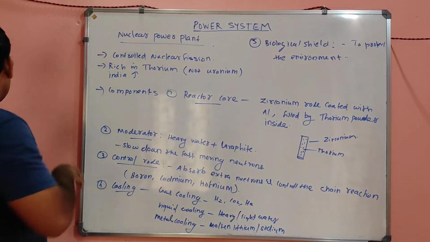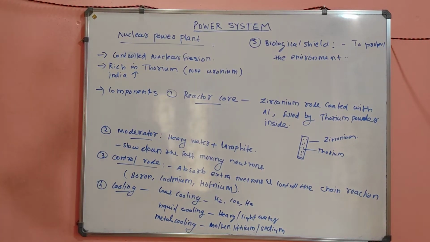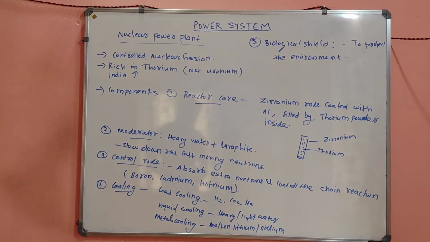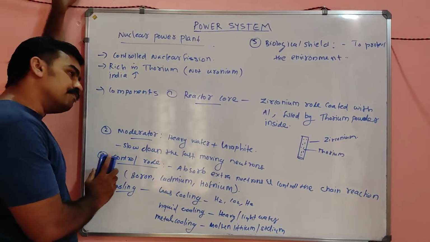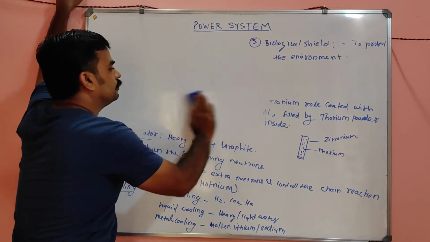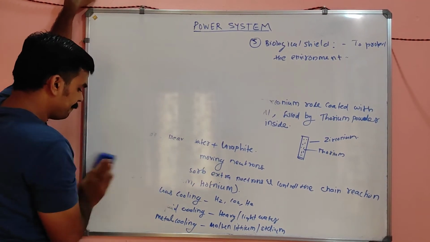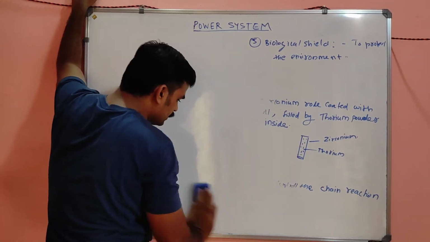That's all. So this is the brief knowledge about the 3 power plants, my dears. Please note it down and just study this one. Not much more. It is more than sufficient.